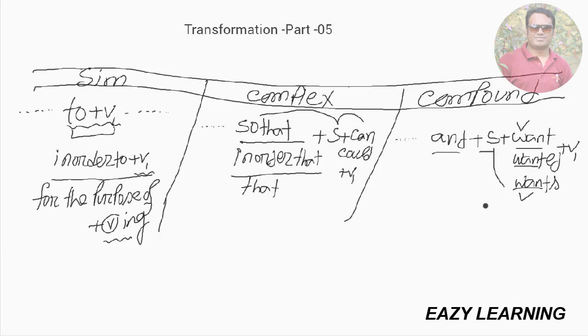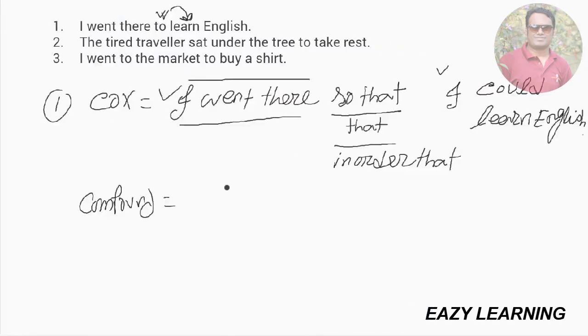If your principal clause is past tense, you have to write wanted. So this is the difference. I observed that my principal clause here is past, so for that I have written could.